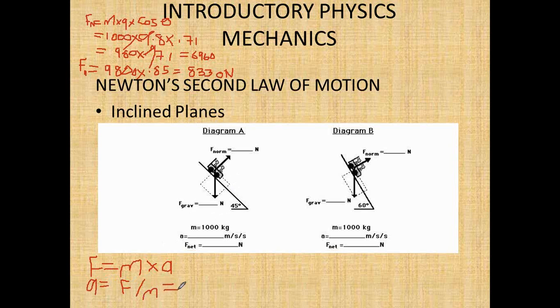So the force is 8,330, and when you divide it by the mass of 1,000, you get 8.33, and the unit is meters per second squared because it's the metric unit.